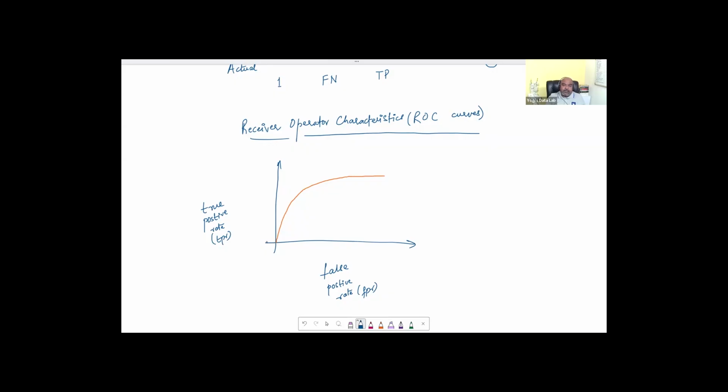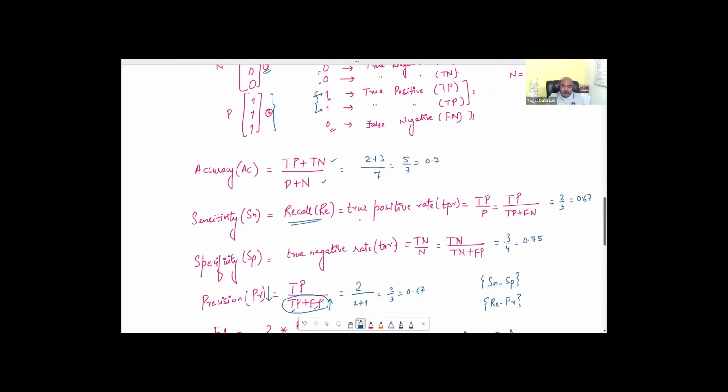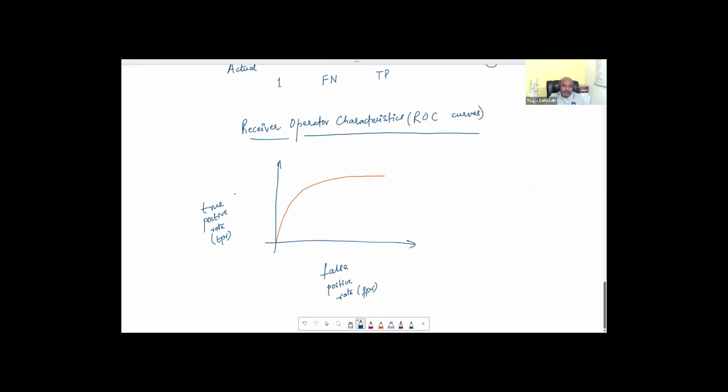Now, what is true positive rate? If you go back to the set of formulae that we discussed, true positive rate is nothing but the sensitivity. So my y-axis is sensitivity, and the x-axis will become 1 minus specificity. Why 1 minus specificity? Look at the formula of specificity: it is Tn by n, the true negative rate.